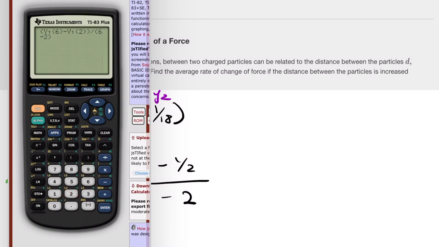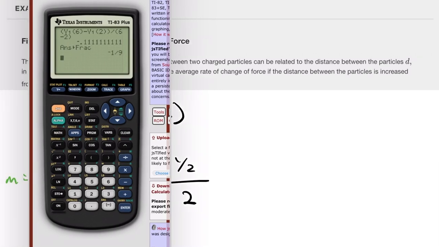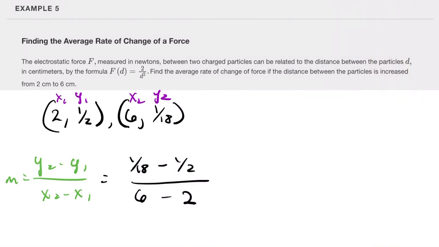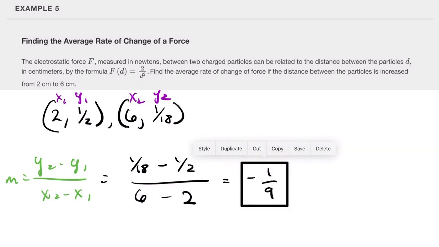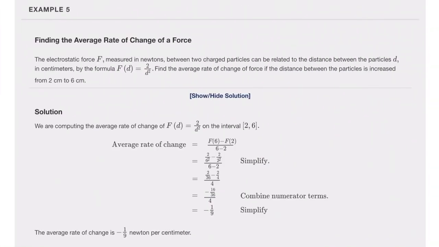So I'll just let the calculator do it. Let me hit math as a fraction. So negative 1 over 9. Okay. So the average rate of change of the force is negative 1/9 newtons per centimeter.